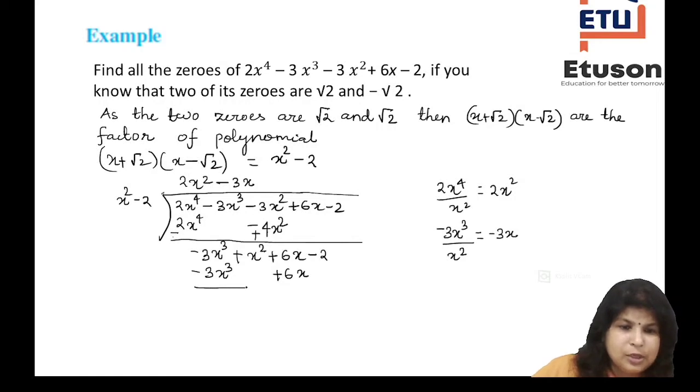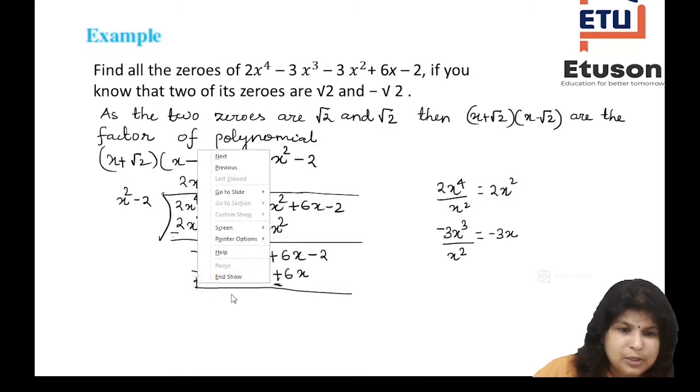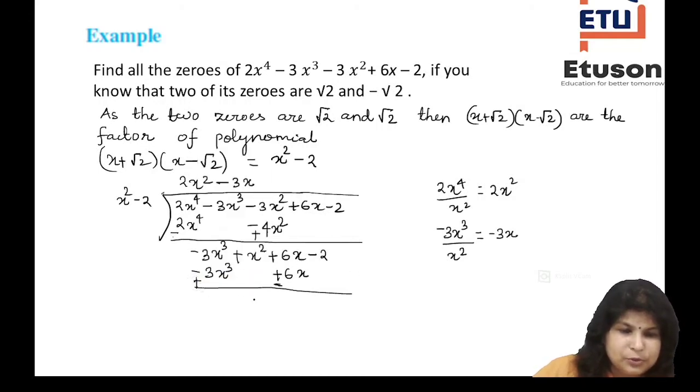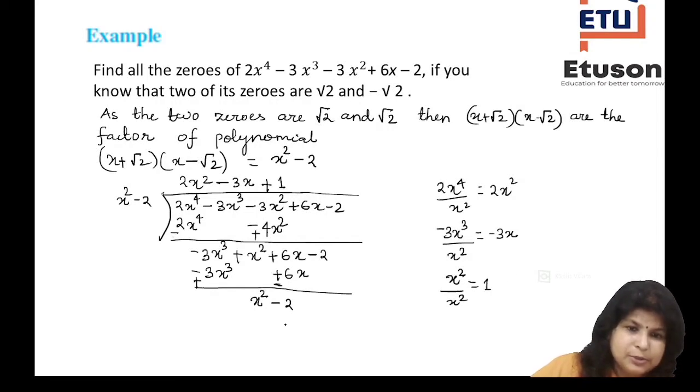Okay, so now you just subtract it. So this got cancelled out and this becomes minus. So here minus minus, this becomes 0, this becomes 0, so you are left with x square minus 2. Now what is x square divided by x square? It is 1, right? So I will write plus 1 here.